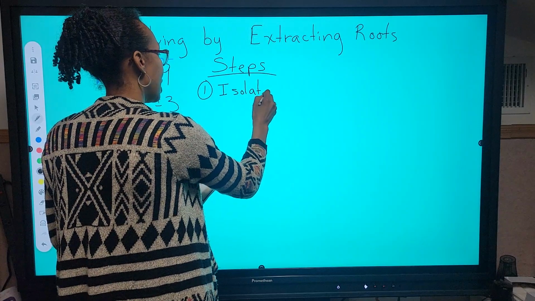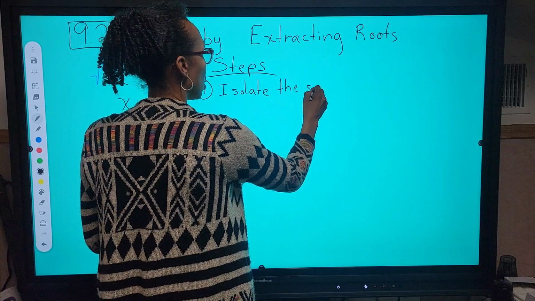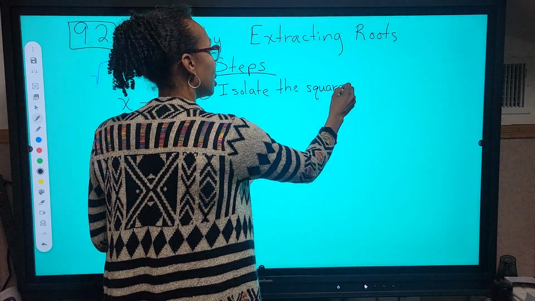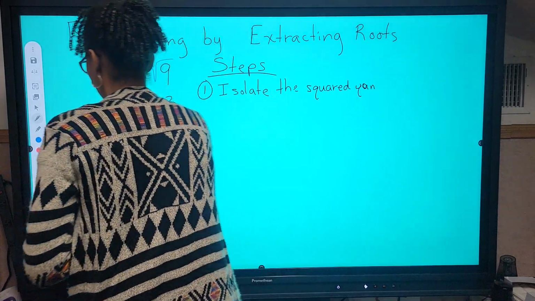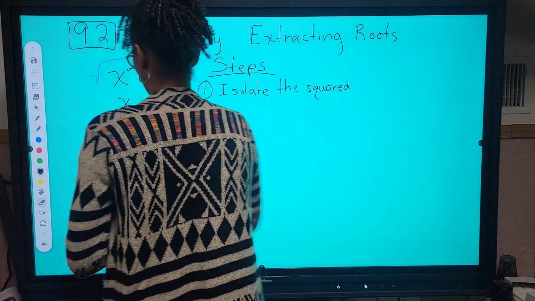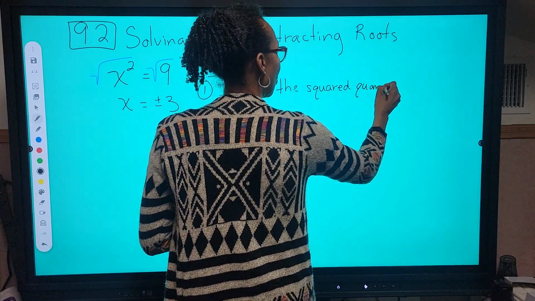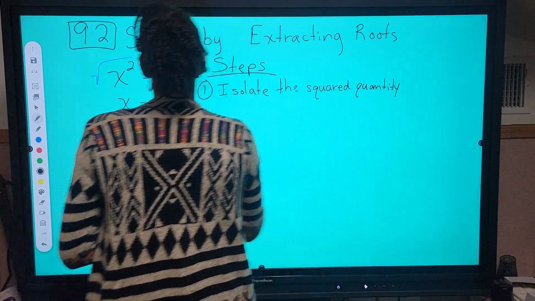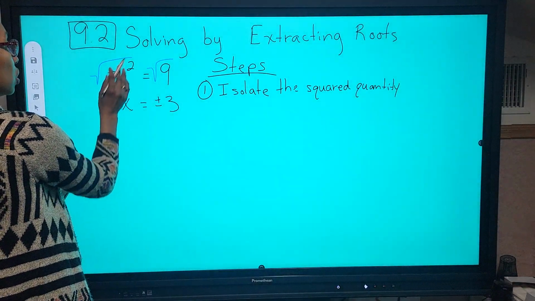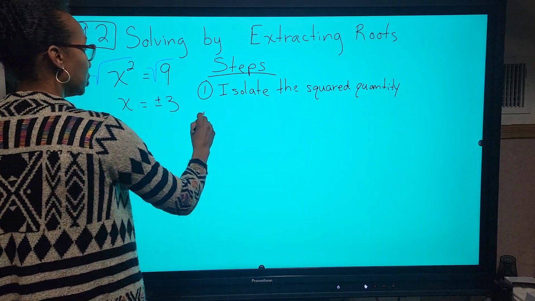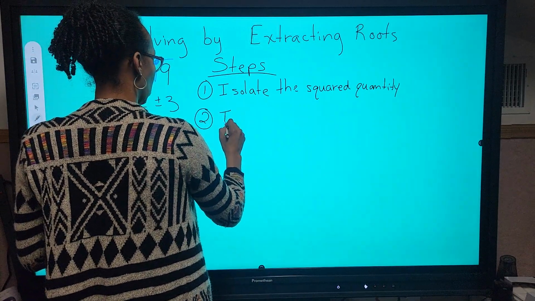So we're going to isolate the squared quantity, meaning whatever value is being squared, get it by itself. If there's a plus or a minus around it, go ahead and move those things over by doing the opposite on both sides. Once you have isolated it, now we can take the square root.